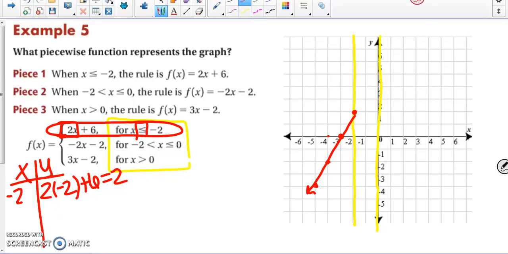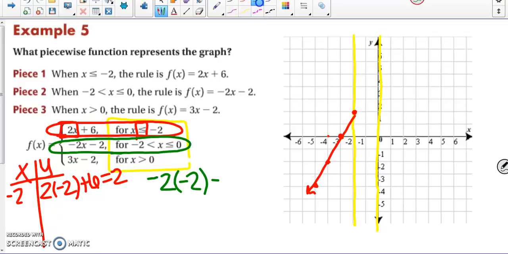Then for my middle part of my fence, between -2 and 0, I want to graph -2x minus 2. So I'm once again going to figure out where I'm starting on my fence at -2. So I'm plugging in -2 into my function. So -2 times -2 is 4, minus 2 is 2.